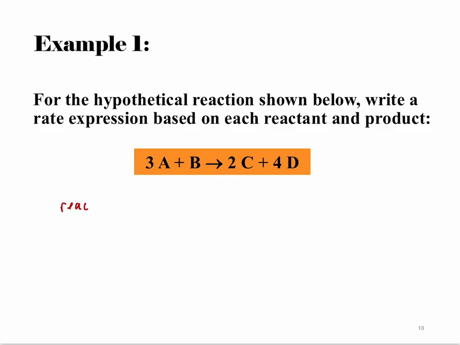The reaction rate was defined as what again? We use the velocity speed analogy, right? The reaction rate is like the speed of the reaction, so it's measured in units of what? Molarity over time, right?